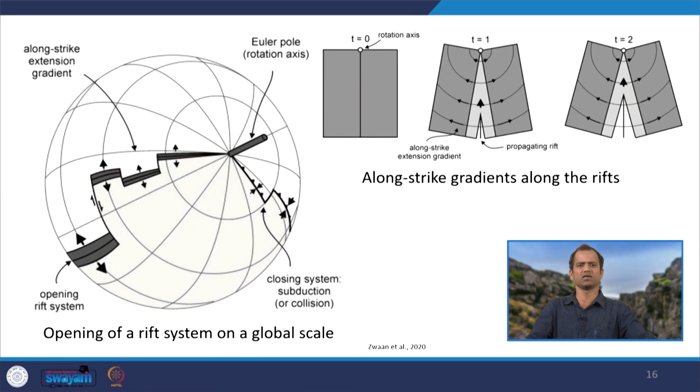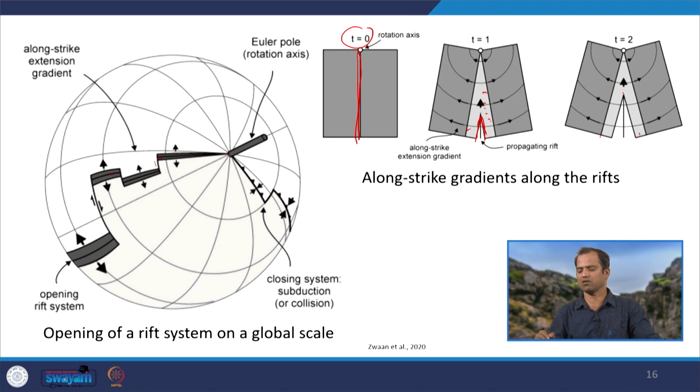So, now if you see, we have this Euler's pole here and we have a spreading ridge here, and we know from the Euler's equator to Euler's pole, the rate of spreading, the linear velocity, decreases. So, at time 0, we have only a rift system, just rift initiating, and with time t1, this is the thin crust, and finally, this is the rift basin, and with time the rift basin is changing.